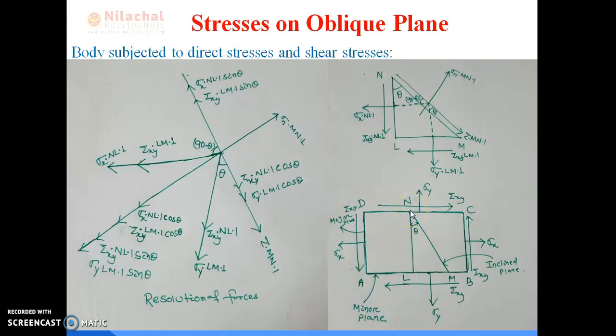The oblique plane MN makes an angle of theta with the major plane, or vertical plane. Our aim is to find the normal stress and tangential stress along the oblique plane.